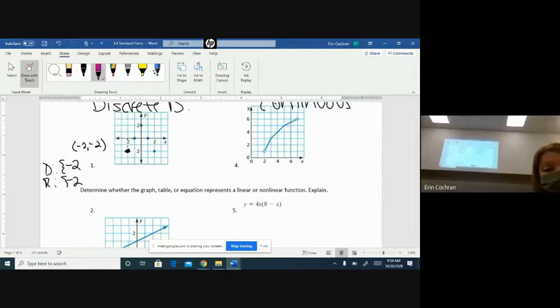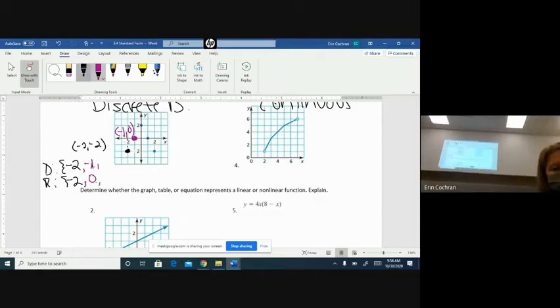Good. The next point to the right of that would be where, Maxwell? Okay, close. There you go. -1, 0. So what would be my domain for -1, 0? -1, and my range would be 0.